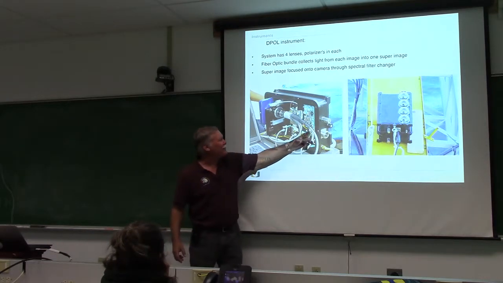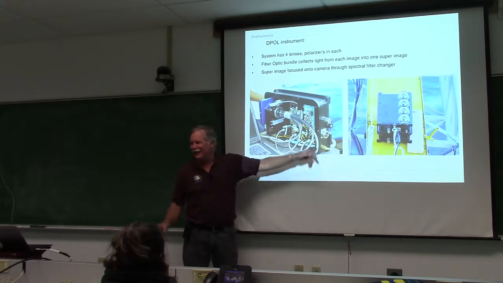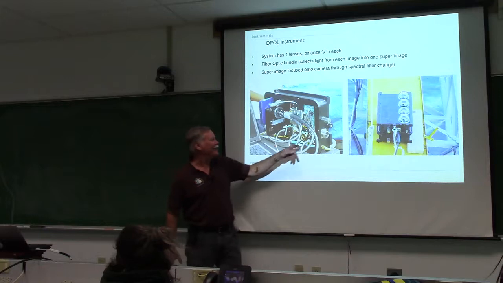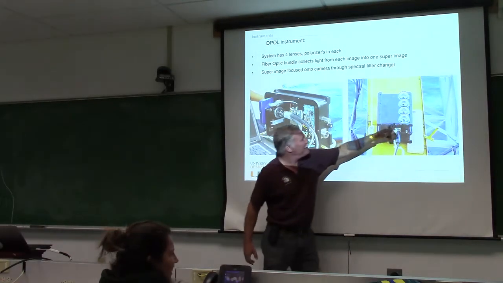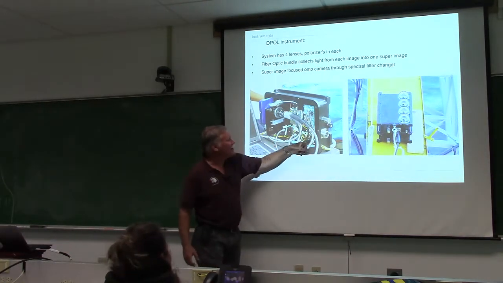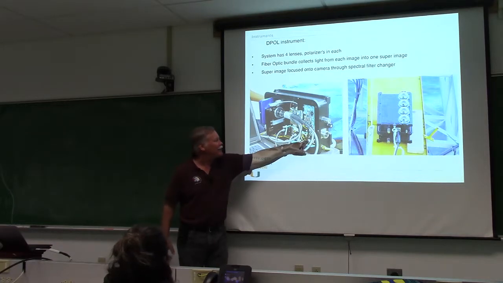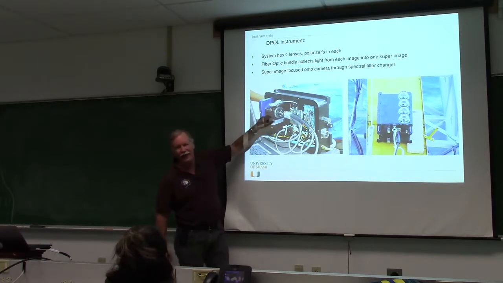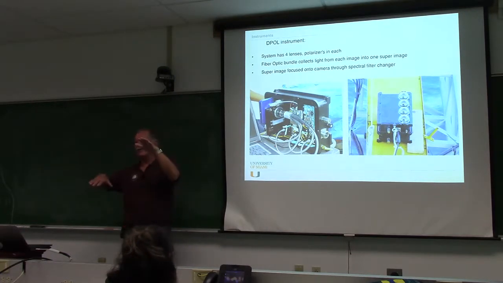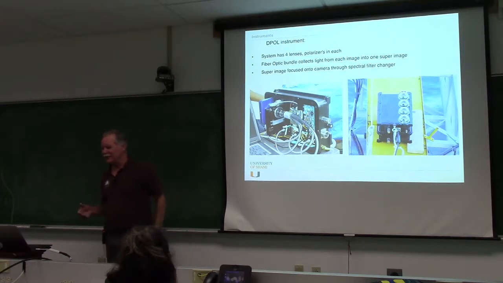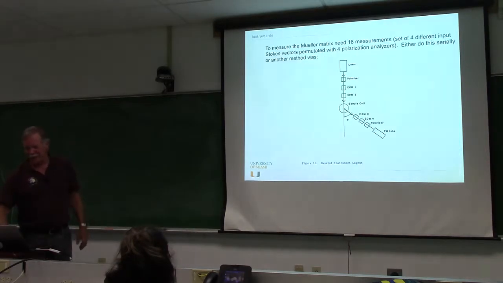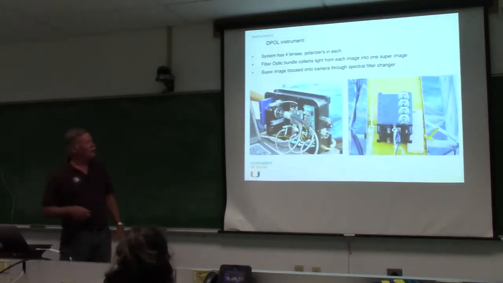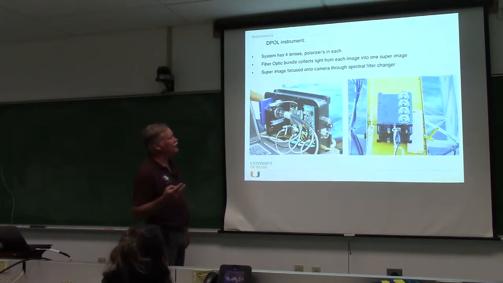Anyway, fortunately, the colonoscopy, I think it's not this big. It's about that big. But each of these fisheyes are focused onto a coherent fiber optic bundle. They come around, and there's a set of 4 of them here that are all imaged onto a camera. So in one image, I get 4 different polarization states with this system. So those are 2 ways you can do it with fisheye lenses.